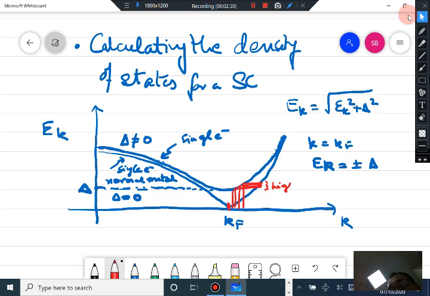There is a very high density of states near the gap delta, but then as you start moving away from delta, the density becomes less.